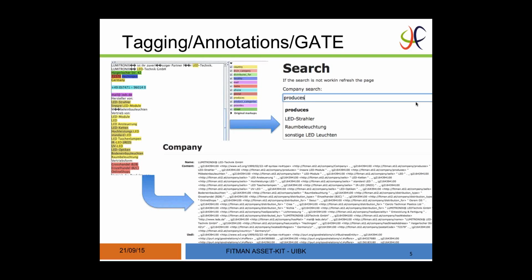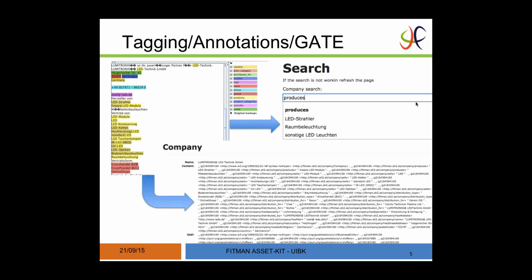We have some unstructured or semi-structured text. For example, in this example, you see a company, this is just HTML which we downloaded. And then we run this Gate application. As you can see, the different colors are annotations for various properties of this company. And then we use our extractor to extract this data and transform it into RDF or Linked USDL.